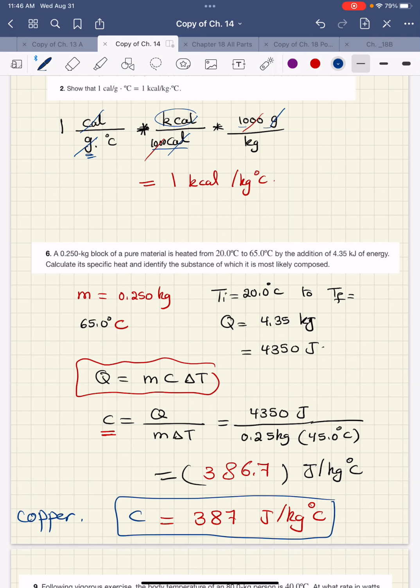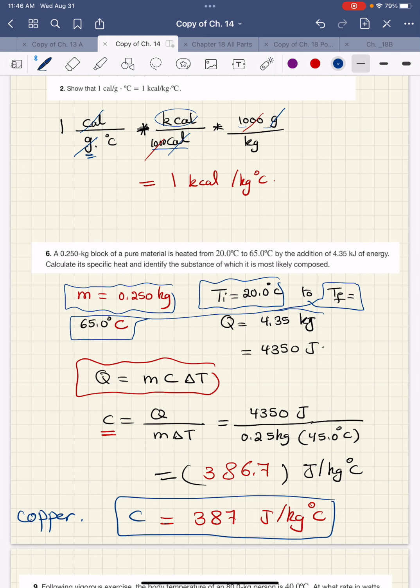Now I need my quantities. This is the mass, the initial temperature, and the final temperature. The energy I have converted into joules by multiplying by 1000, because kilo means 1000.